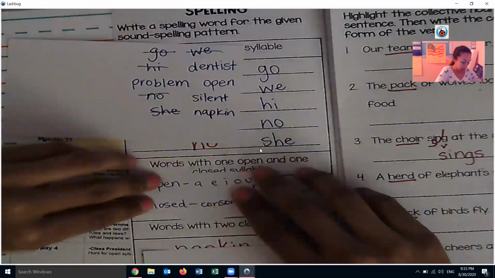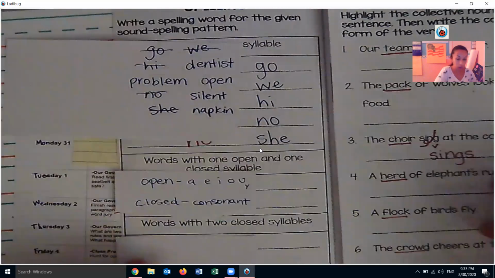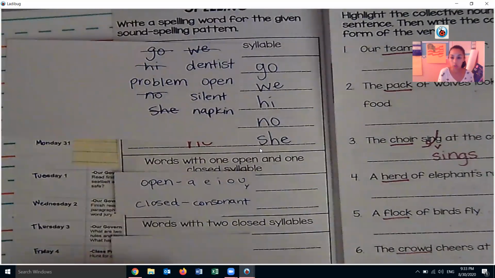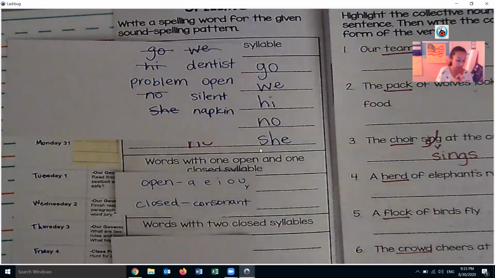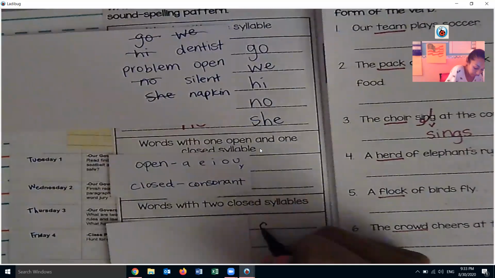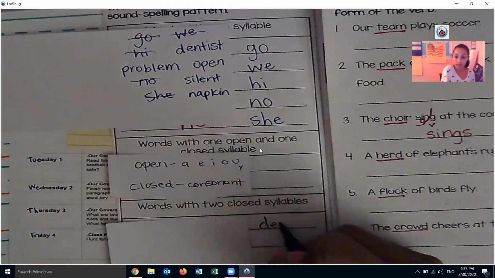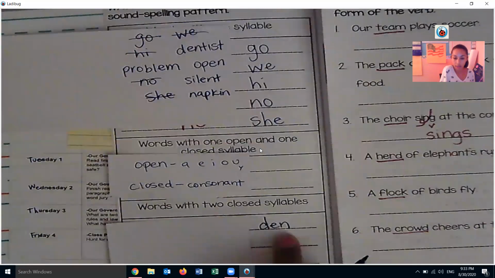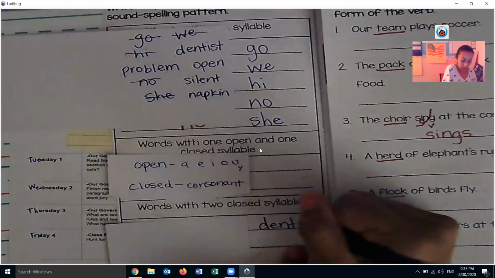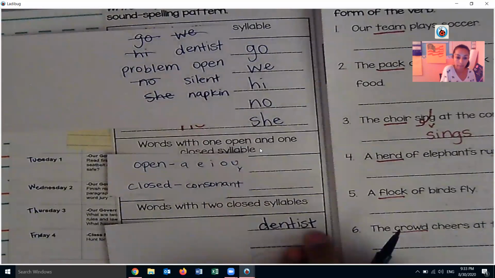So words with two closed syllables, that would be those words. The one we just talked about, dentist. Switch it up. So den, that's closed because it ends in a consonant. Den, tis, ends in a consonant, that syllable.